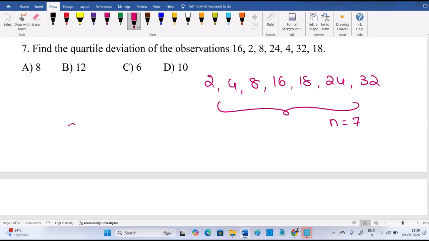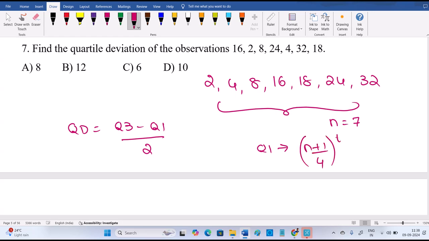Quartile deviation is Q3 minus Q1 divided by 2. Q1 is the (n plus 1) divided by 4th term. N plus 1, 7 plus 1, 8. 8 divided by 4 means the second term.